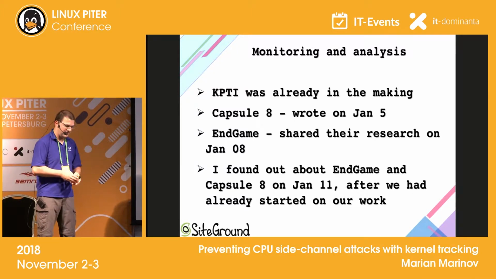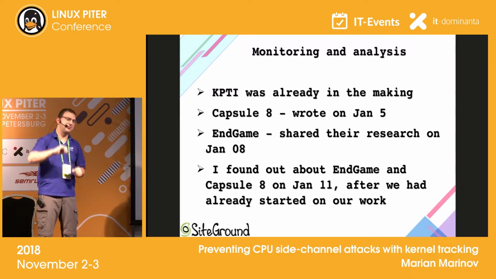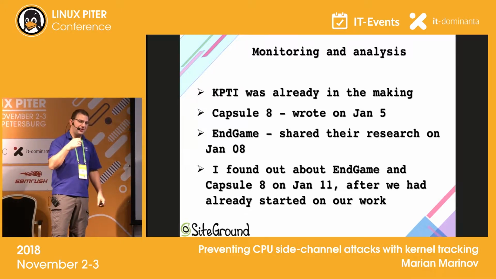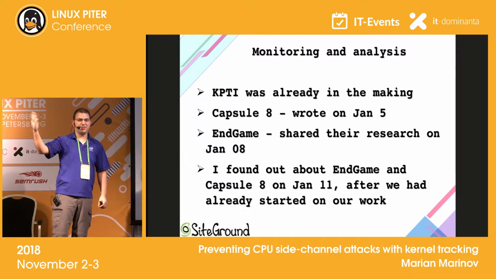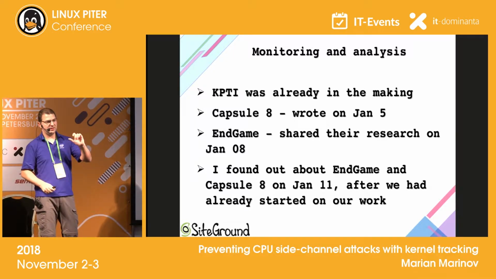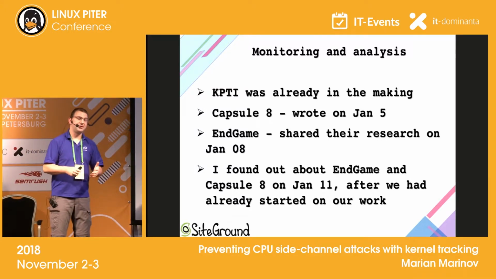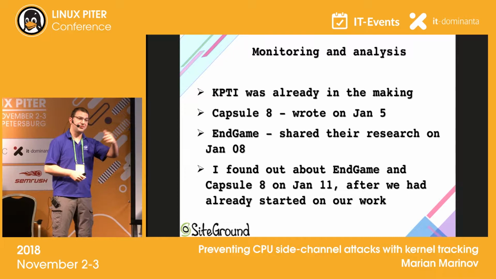So KPTI is a protection that separates the physical kernel memory from the physical user space memory for each process. You now have in the user space process only a few pointers to the actual kernel memory, and every time you need to do a syscall, you actually have to change privilege security rings in the CPU, which means it takes a little bit more time to get data from the kernel to user space or from user space to kernel space.